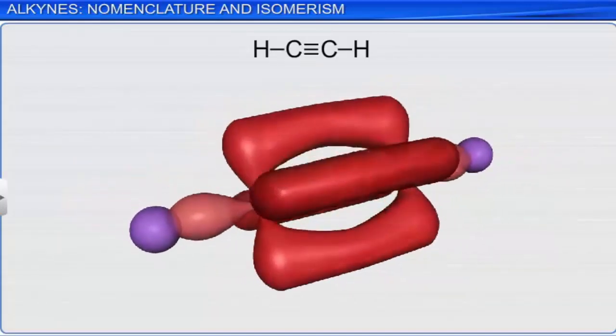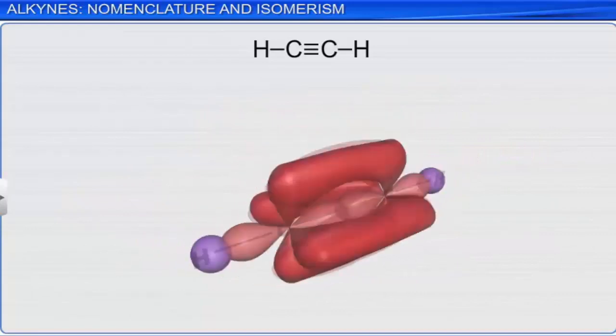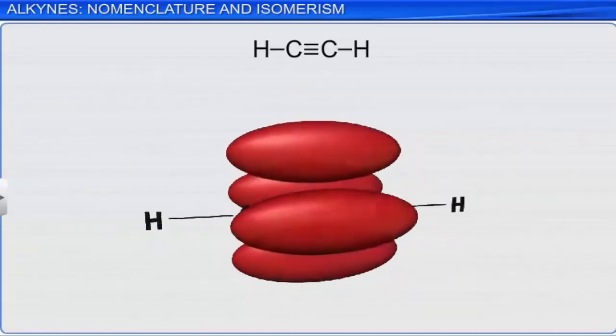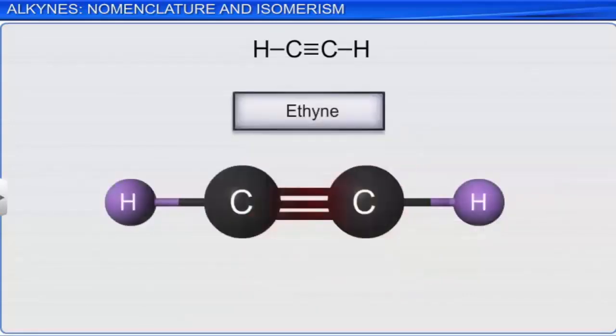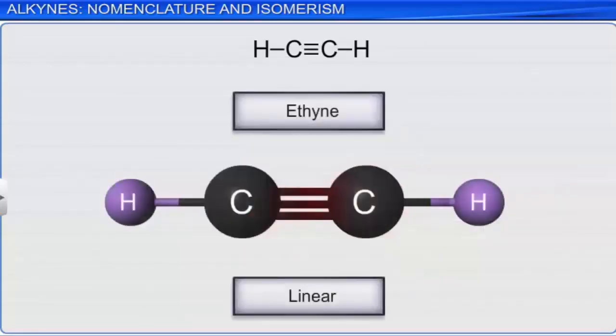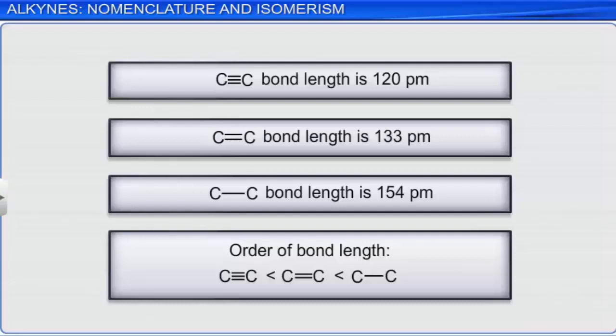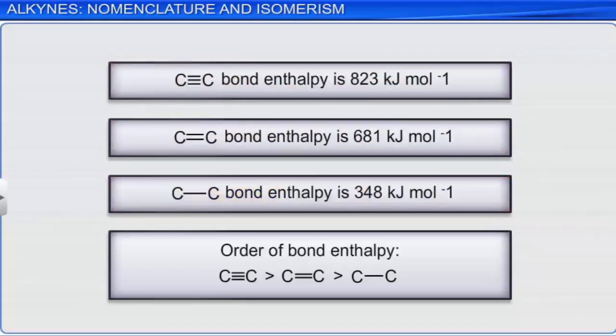The electron cloud between two carbon atoms is cylindrically symmetrical about the internuclear axis. Therefore, the shape of the ethyne molecule is linear. The carbon-carbon triple bond is shorter than a carbon-carbon double or single bond. As the triple bond is shorter, it is stronger compared to single and double bonds.